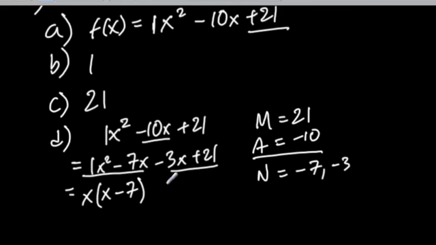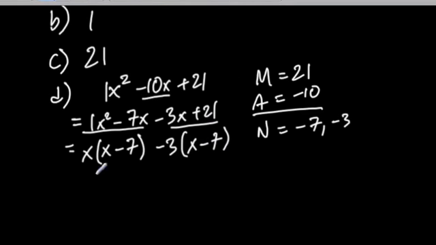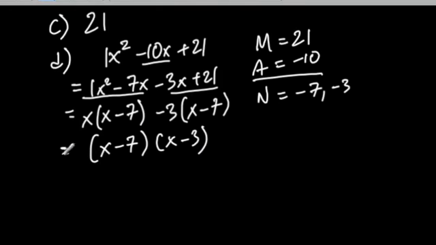And if we group the last two, we take out the negative 3, and we get x minus 7. The reason why it's minus 7 is because negative 3 times negative 7 is positive 21. We see that these two are the same, so we're on the right track. So it's x minus 7 and x minus 3. Fantastic. So that's the quadratic equation in factored form.